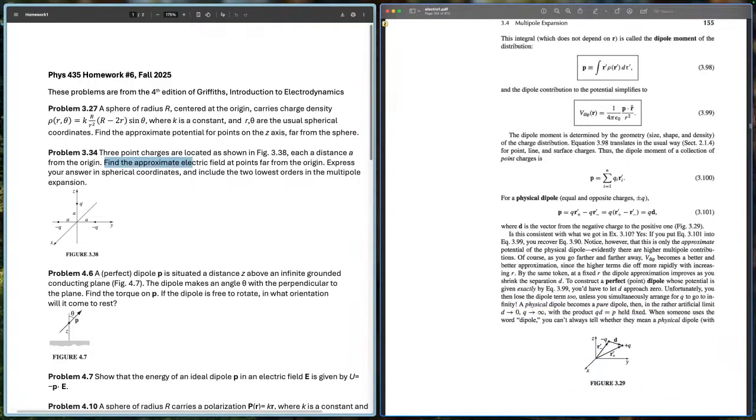Okay, so the dipole moment is kind of like your weighted average type thing, except it's working with displacement. So kind of like mass multiplied by distance.